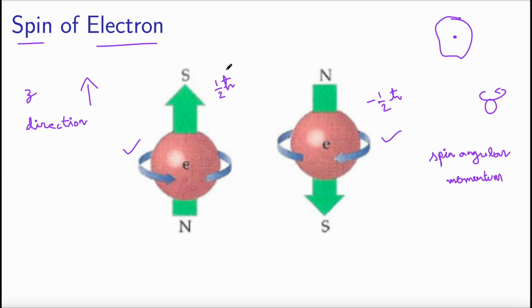One is plus half h cross, which is called spin up. Another one is spin down. It can be that the spin angular momentum is along the negative z direction. So this is spin down.